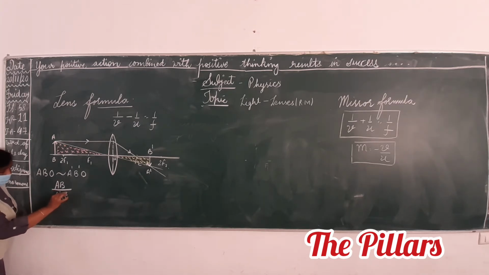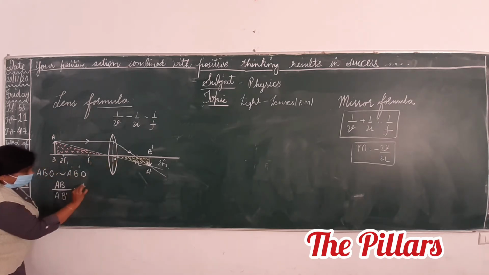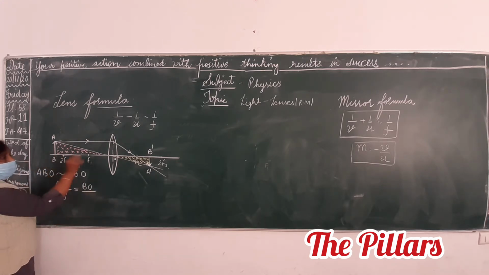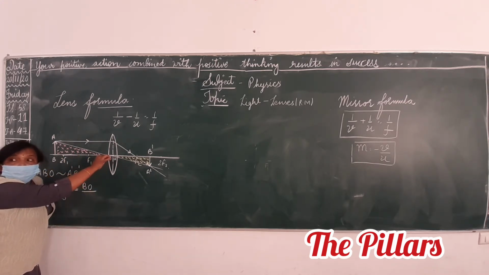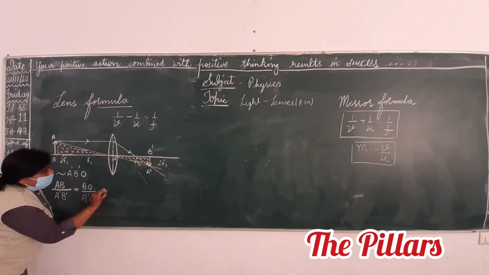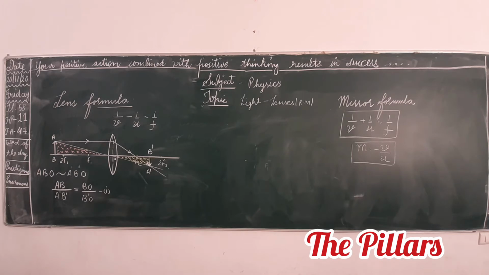AB upon A dash B dash will be equal to, I am taking BO or OB, the choice is yours, so the next side is B dash O. BO upon B dash O. First equation. Very good.